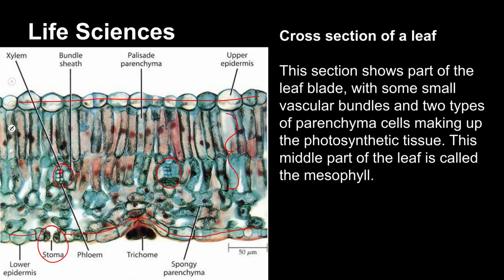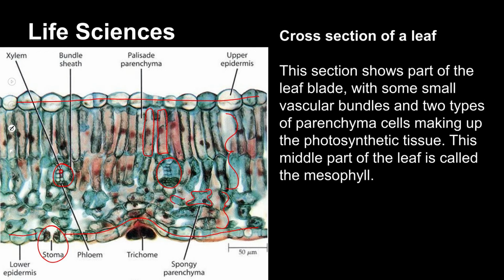If we look, we can see that the cells in the middle of the leaf, they're not all the same. The ones at the top are brick-shaped and tightly packed, and they are chock-a-block full of chloroplasts. That's why the top surface of the leaf is green. At the bottom here, the cells aren't regular shape.